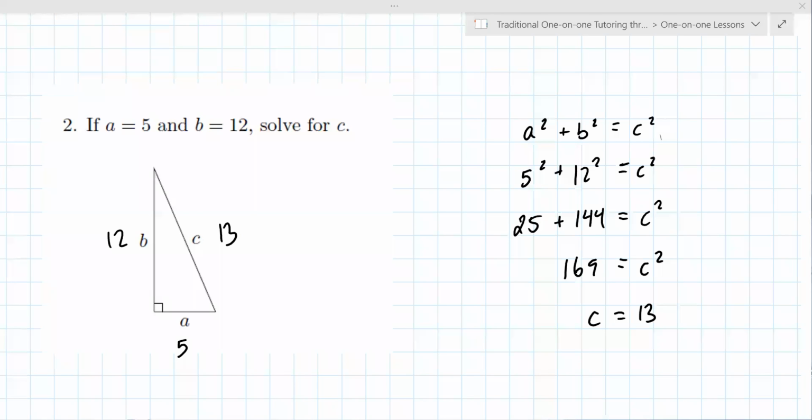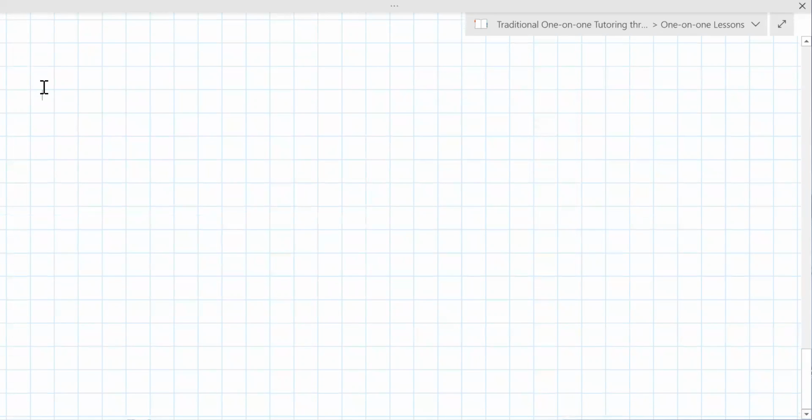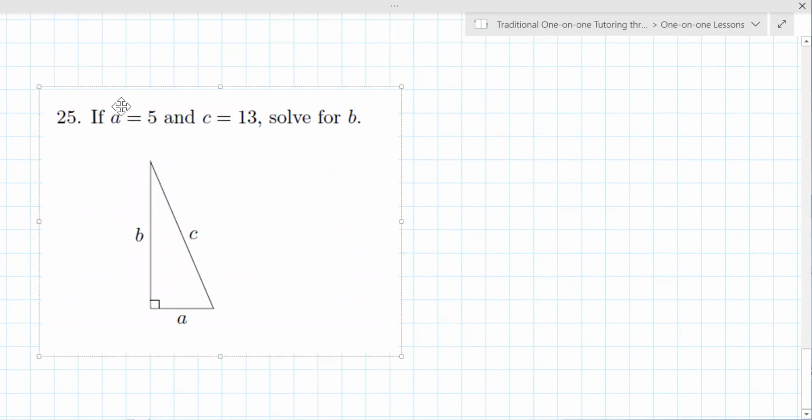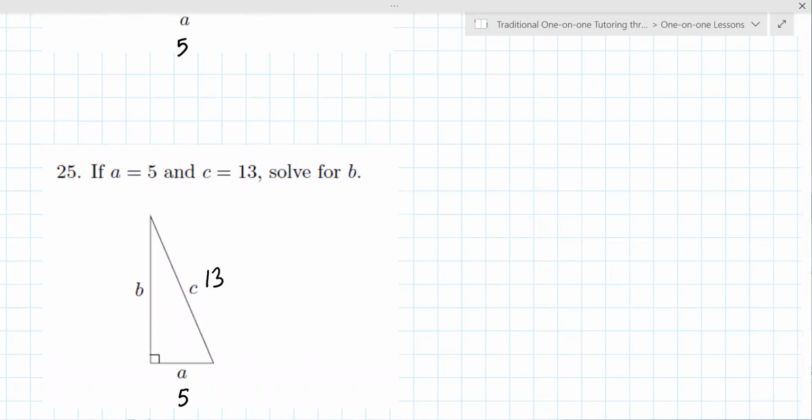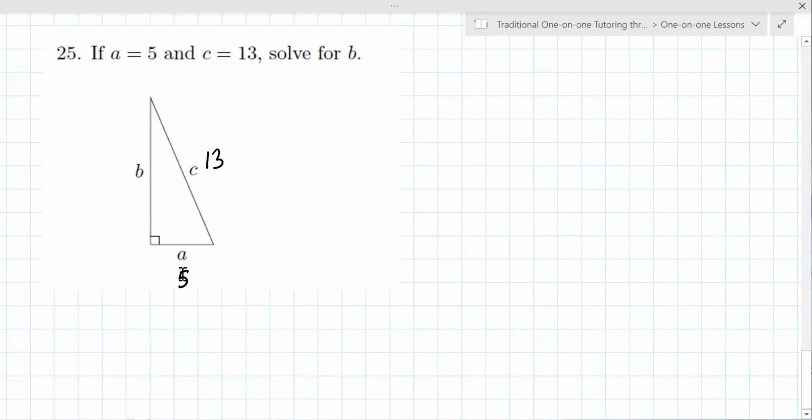In this problem, they're giving you A and C. Notice in the previous problems, I gave you the 2 legs. Here, I'm not giving you the legs. I'm giving you one leg and the hypotenuse.